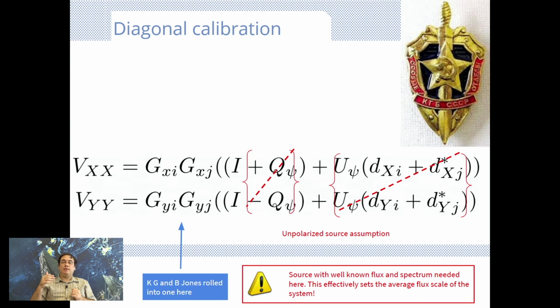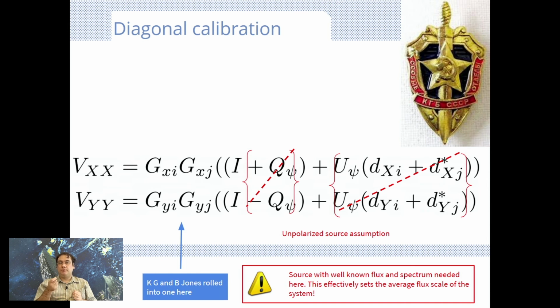Then what we see is on the diagonal term we have a set of gains for the two different antennas, i and j here, and that affects our measurement of primarily the Stokes I component for an unpolarized source. So in this case, we won't have any contribution from Q or leakages from U. These G components really describe multiple sources of calibration errors, so both delays, K, gains, G, and the bandpass in this case.